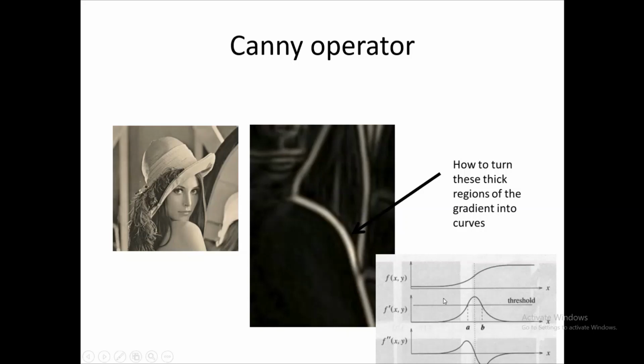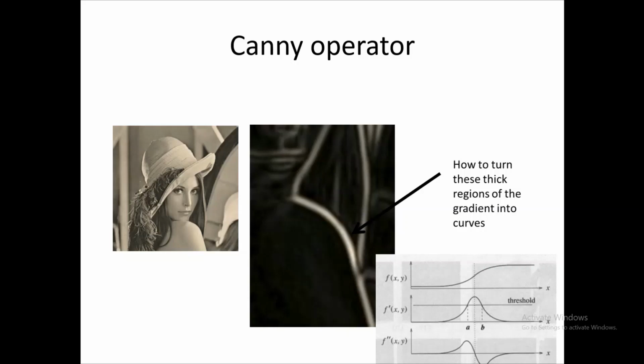If we plot this as a 1D function, it starts with a lower value and goes up, and when we take the first derivative of this intensity profile, we find that some part of the first derivative exceeds the threshold, and the values that exceed this threshold give us the thick edge. So we want to turn it into a thinner edge.